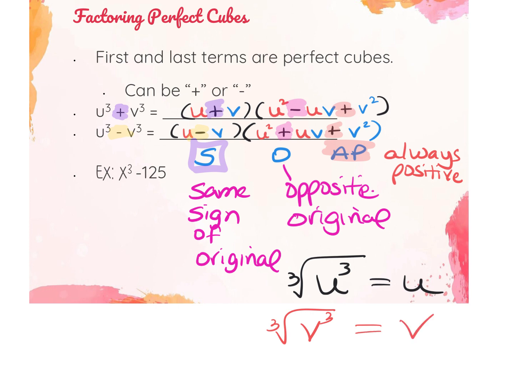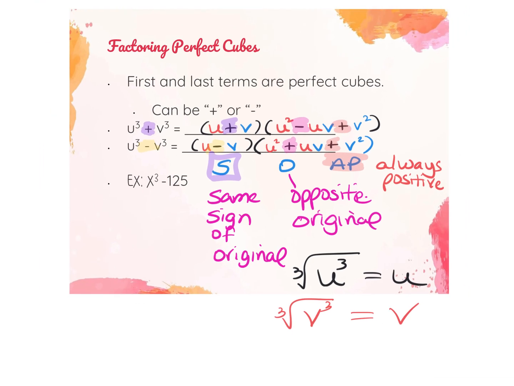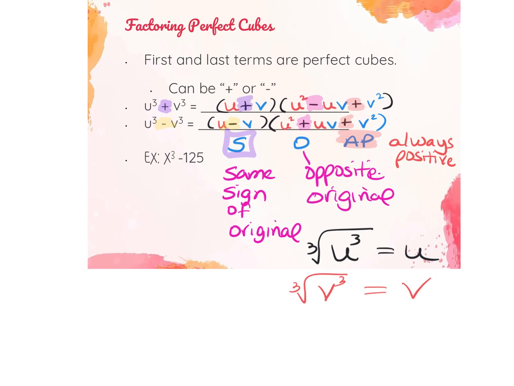So let's go ahead and try a first example. You're going to need to be able to recognize perfect cubes, just like I told you to recognize perfect squares. So for the first example, I'm going to write it below here so I have more room. It's x to the third minus 125.